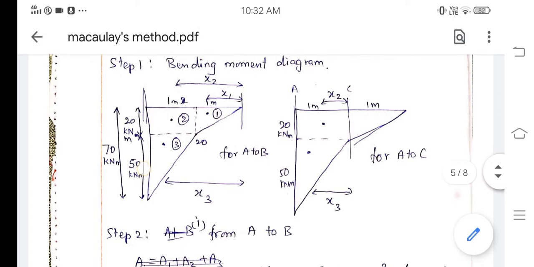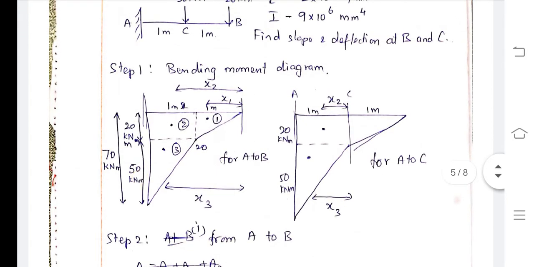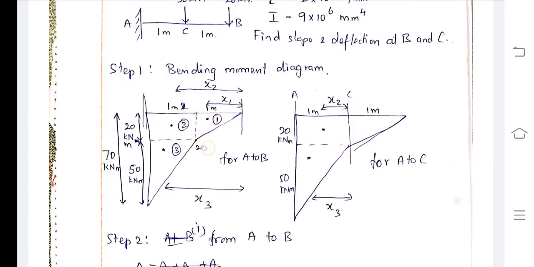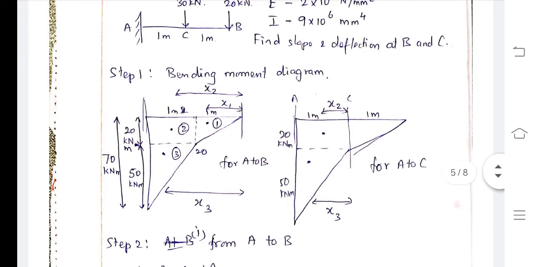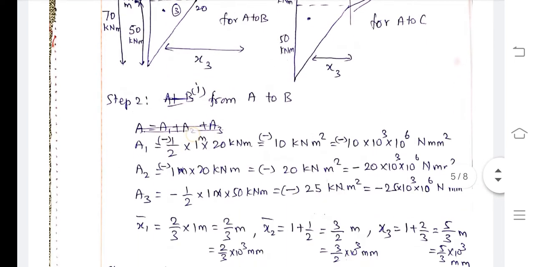So the balance is 50, that is 70 minus 20, and I have given 50 here. The shape of this triangle is 1 meter and 20 kilonewton meter. Then this area is a rectangle, that is 1 into 20, and this area will be half into base into height, where base is 1 meter and height is 50. Based on this we have to calculate the area.